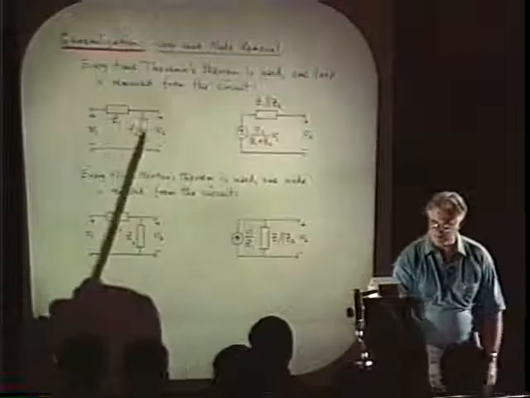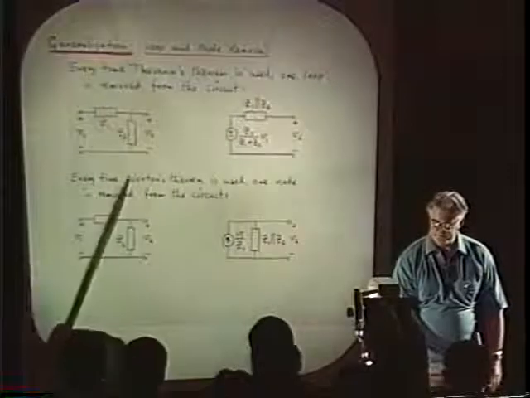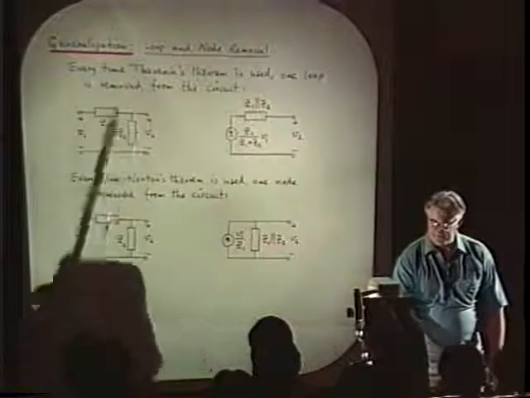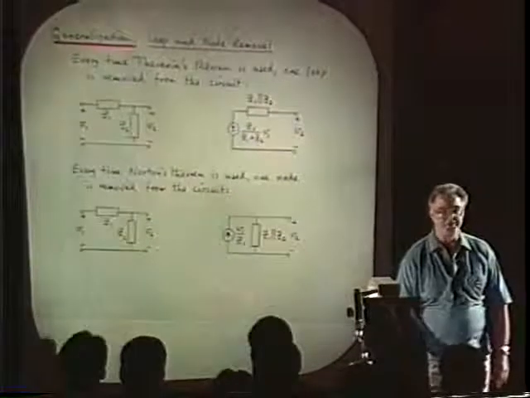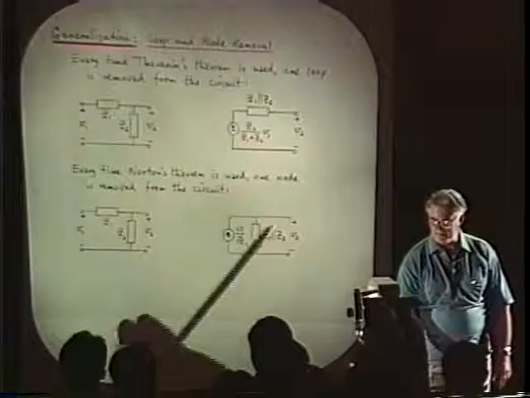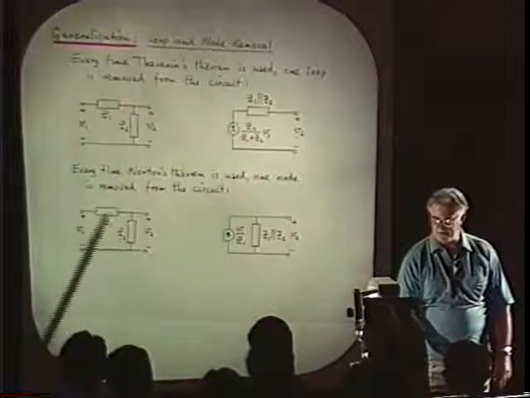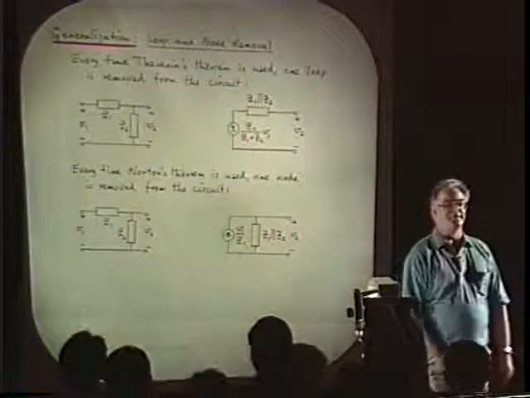Because this network, for example, if you replace this by a Thevenin equivalent, you've reduced a two-loop circuit to a single-loop circuit. If you replace it by a Norton equivalent, you've reduced a two-node circuit to a single-node circuit.